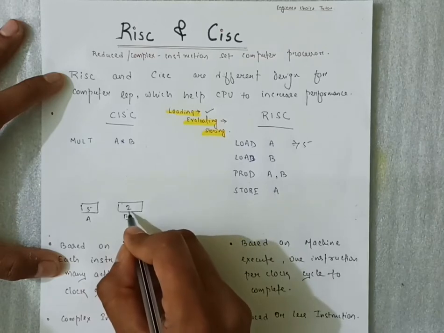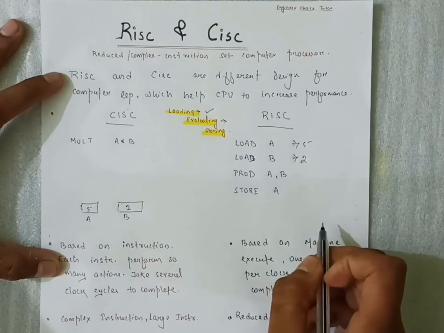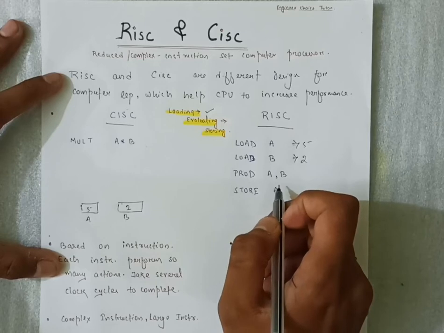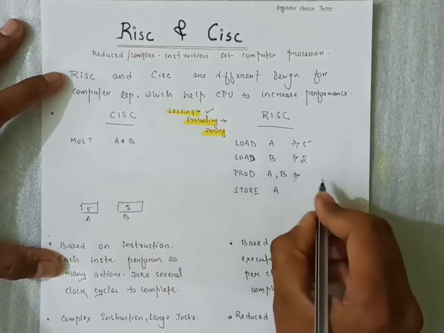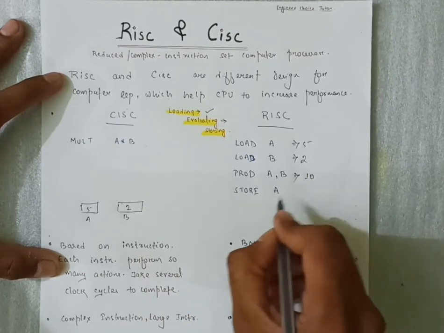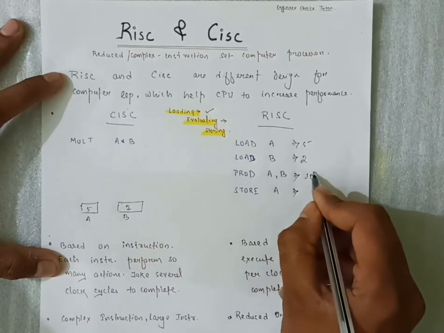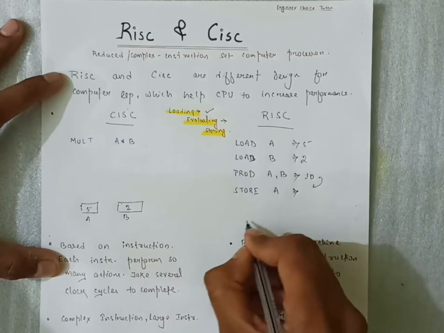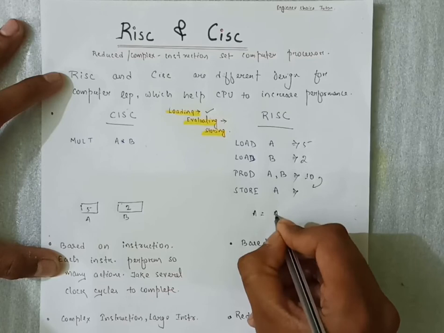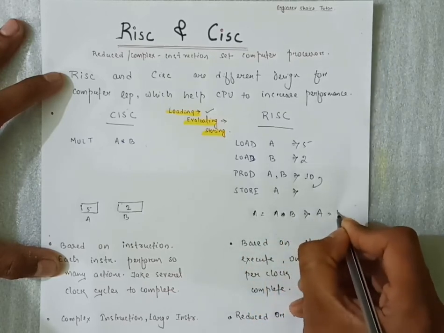Loading B means from memory we will load B, that value will be 2. After that the prod means it is going to do product, means multiplication of both, so it will give a result of 10. And lastly, we store the value 10 in A. So at last it will be A equal to A into B, something like that, and the value of A is going to be 10.